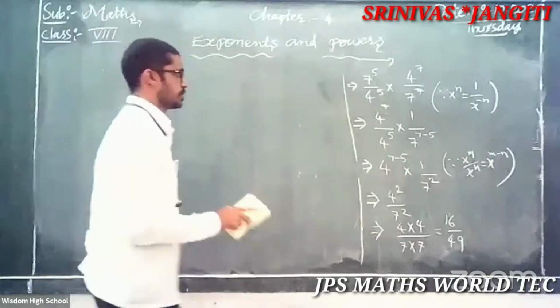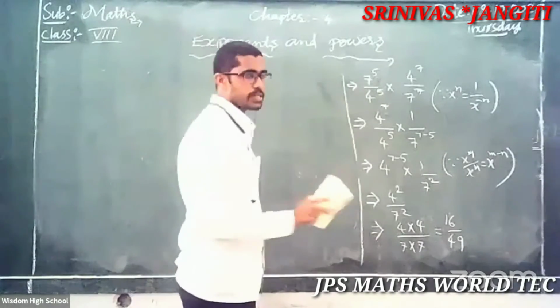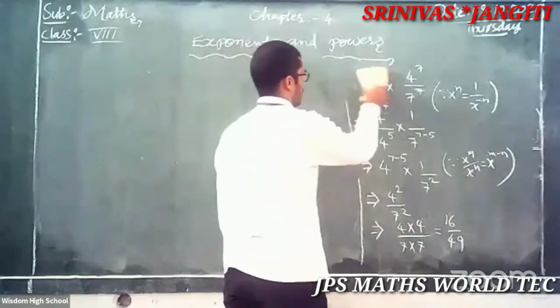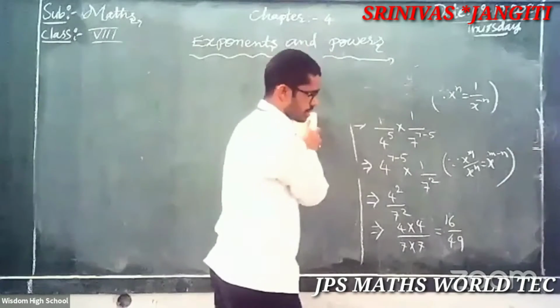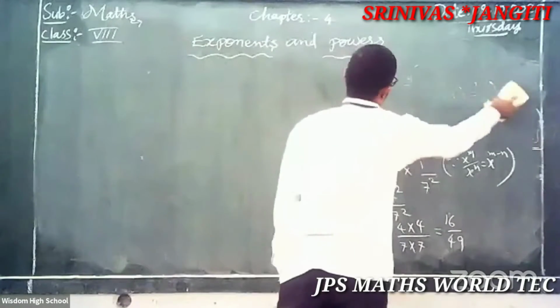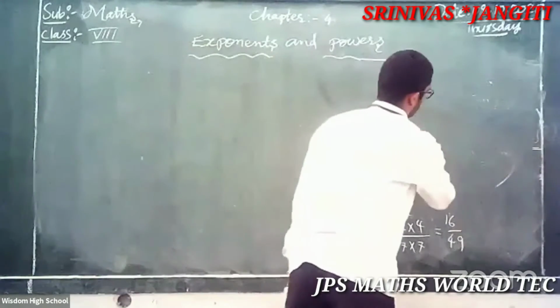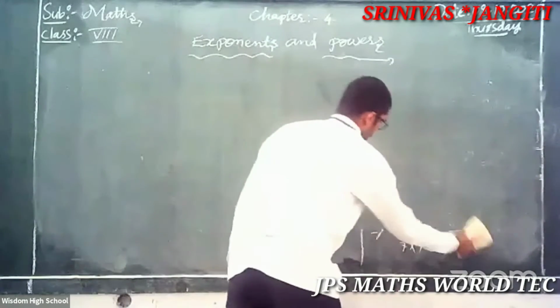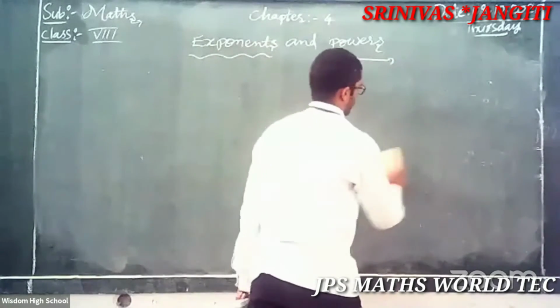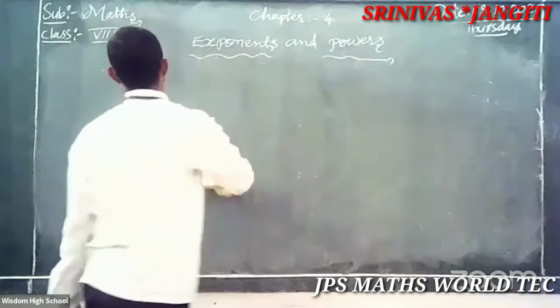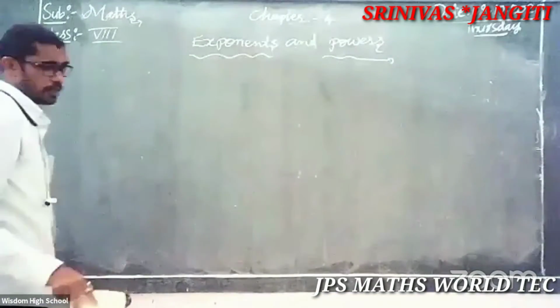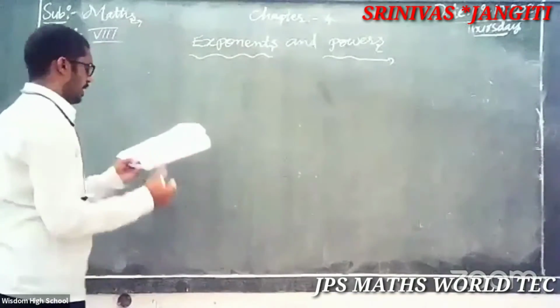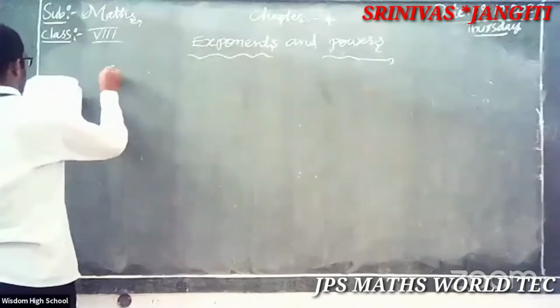So everybody, write the base big and exponents small. Okay, remember that. Clear? Once you know the laws of exponents, how easy the problems are. That's why you focus on the laws of exponents. Now exercise 4.2, so simple here.